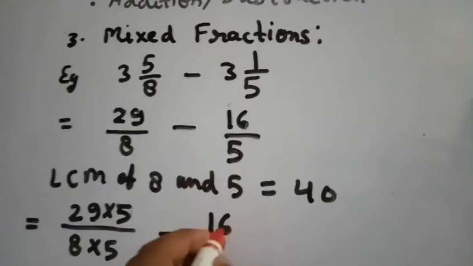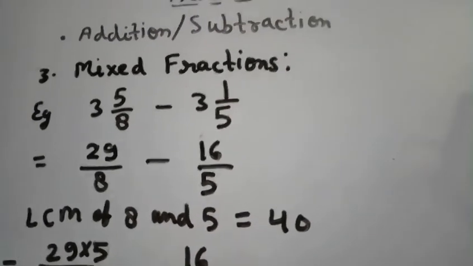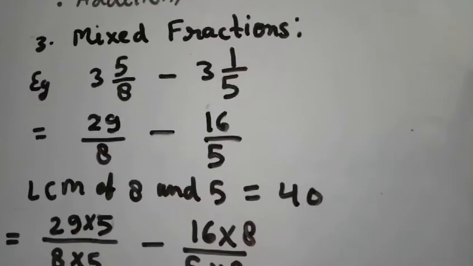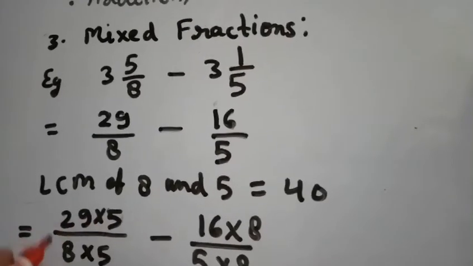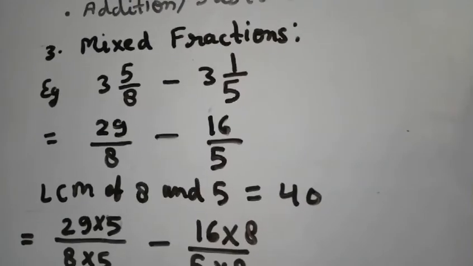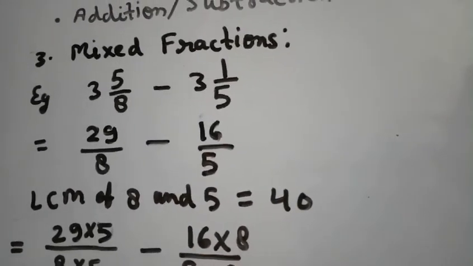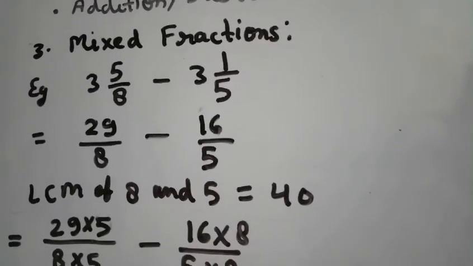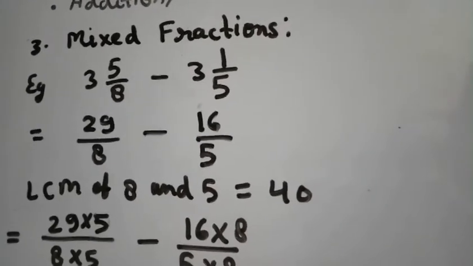Minus 16 upon 5, 5 is multiplied with 8 to become 40. Then 5 9s are 45, 5 2s are 10, plus 4 is 14, upon 40, minus 8 6s are 48, 8 1s are 8, plus 4 is 12, 16 8s are 128 upon 40.